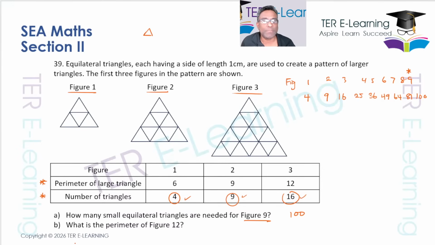Now, the next part, we want to know what's the perimeter of figure 12. Look to see what's happening in the pattern and let's see what it will be for figure 12.